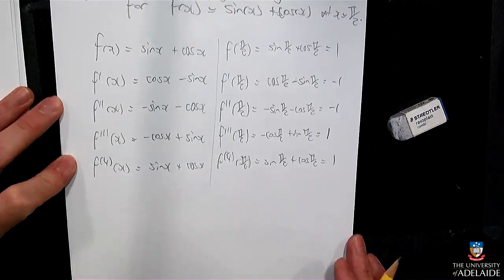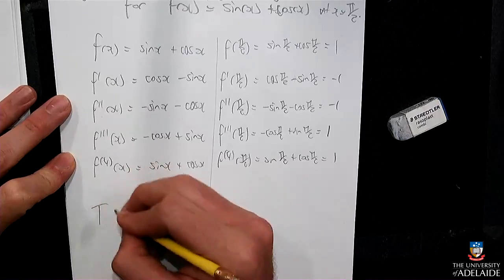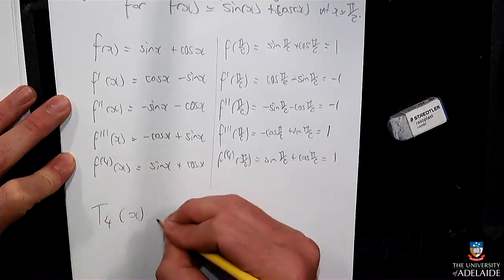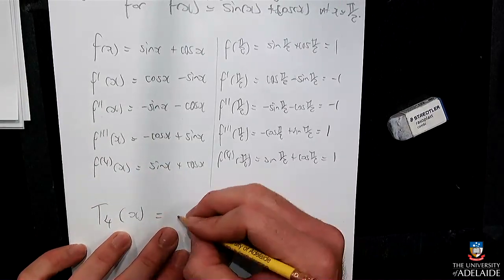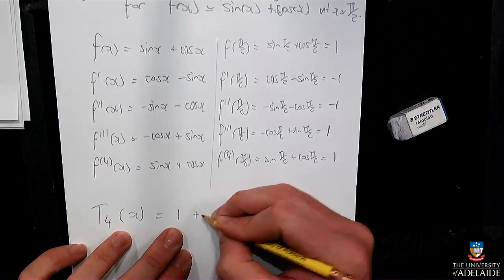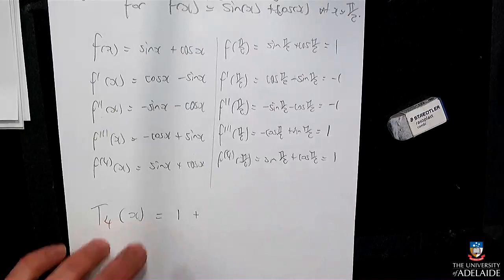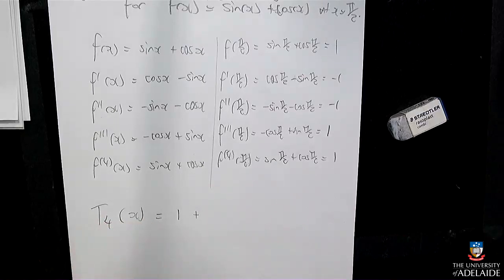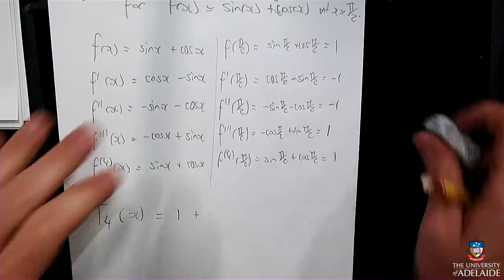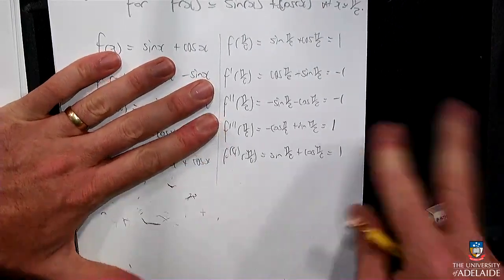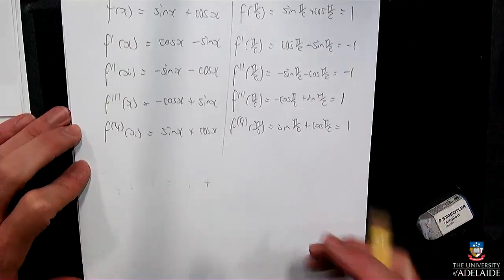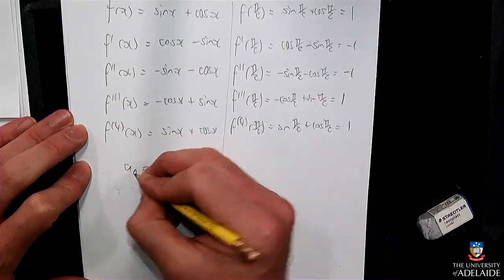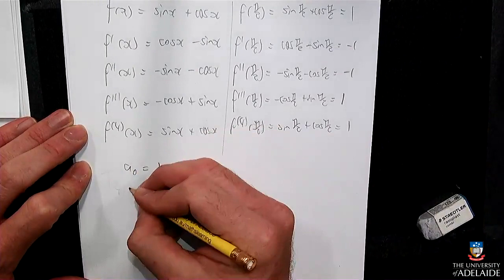Okay, so I reckon we can do it now. Taylor polynomial number 4 will be constant term. I'm just going to do the division now. If I had more space, I'd do another column here, but I run out. So the first term is 1.